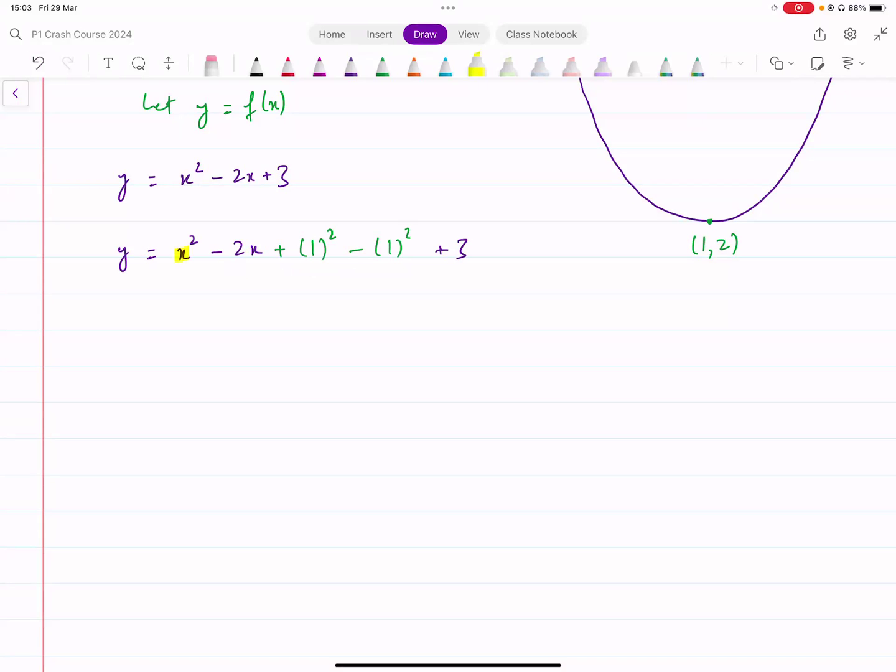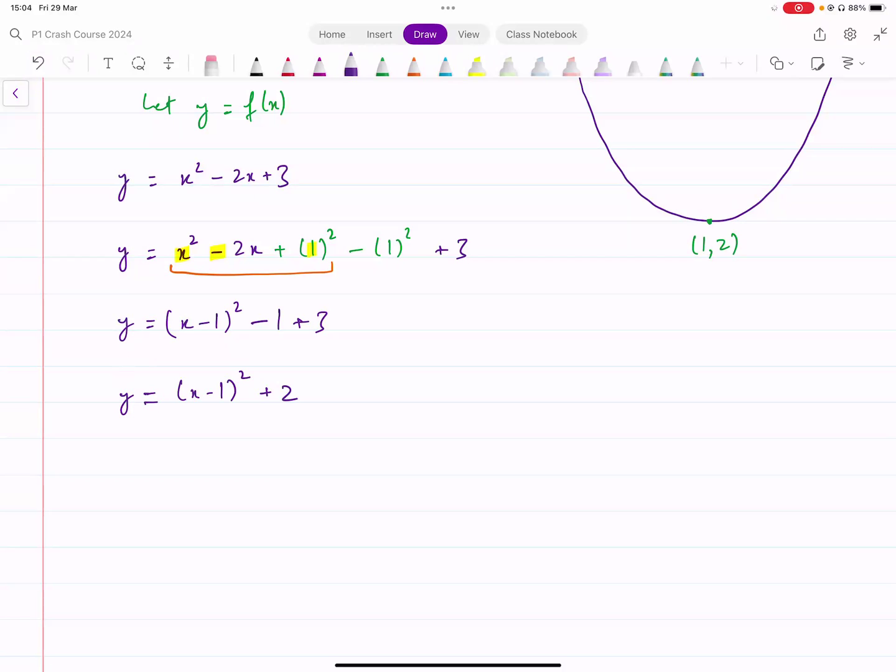And now these first three terms are going to give you a perfect square. x minus 1, that gives us y equals x minus 1 whole squared. That's a perfect square. So from these three terms, you get the perfect square. And then outside, you have minus 1 plus 3. Let's simplify this, and that gives us y equal to x minus 1 whole squared plus 2.